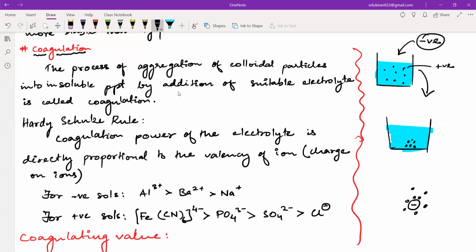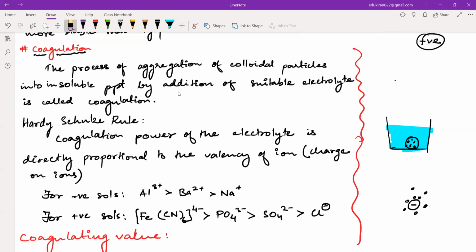So what have we done now? We have got all the positively charged colloidal particles together in one place and formed an insoluble precipitate. We have aggregated them around the negatively charged electrolyte that we added. So this is coagulation, and this is how it is done, by adding an electrolyte. If the particles were negatively charged, we would add a positively charged electrolyte to make the coagulation happen.